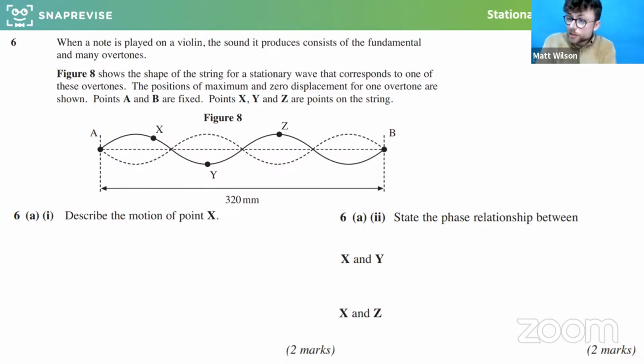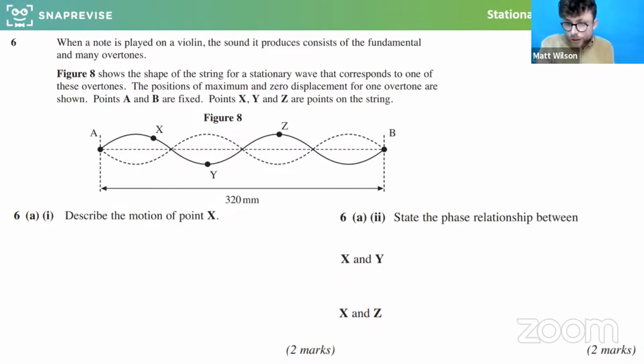So you can just think of an overtone for now as being some special stationary wave that you get on a string when you pluck it, or when you bow it as well. The positions of the maximum and zero displacement for one overtone are shown. Points A and B are fixed. Points X, Y, and Z are points on the string. Describe the motion of point X.